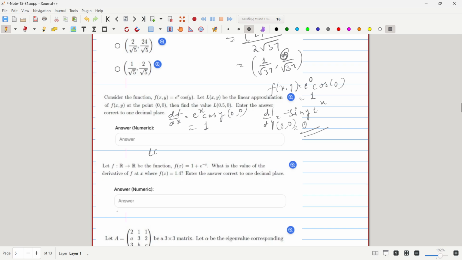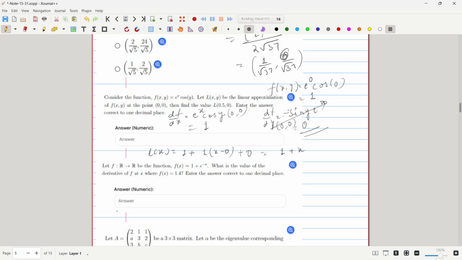Now linear approximation is the value of the function at the given point, that is 1, plus the derivative with respect to x, which is 1, into x minus 0, plus this is your 0, so I don't need to consider any of this.